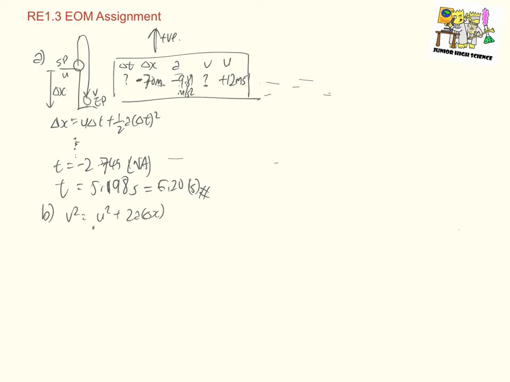So if I plug in all the values, I should get v equals two roots, one positive and one negative, 38.9538, in which I should choose the negative velocity corrected to 3SF. Negative because the final velocity is going down and downwards is negative. So my final velocity is 39.0 meter per second downwards.